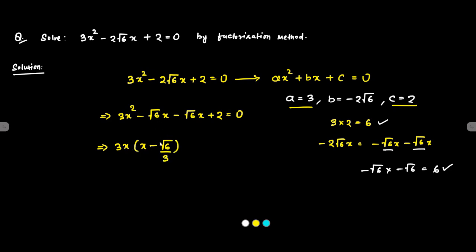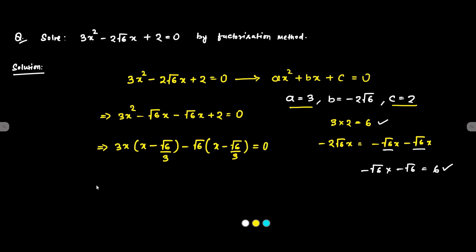So then 3 gets cancelled and we have minus root 6x. Then minus root 6 common into x minus root 6 by 3. See, root 6 into x, that is root 6x, then root 6 into root 6 by 3 becomes 6 by 3. 6 by 3 is how much? 2. So here it is 2. Okay, so this is how we have performed the factorization.